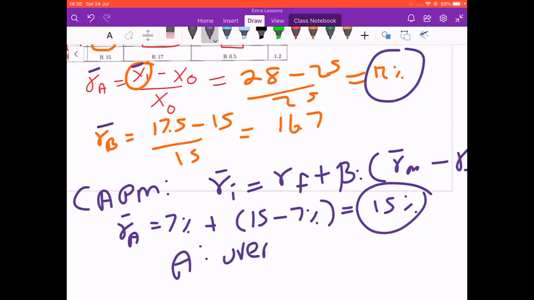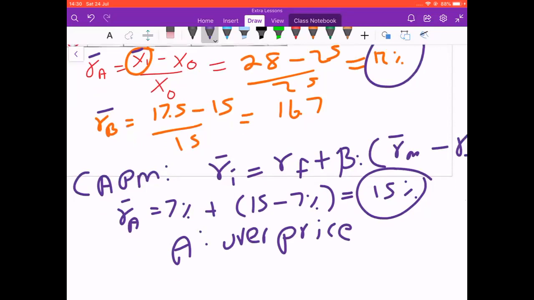If the value from CAPM was higher than our expected return, then we would say that it is overpriced.